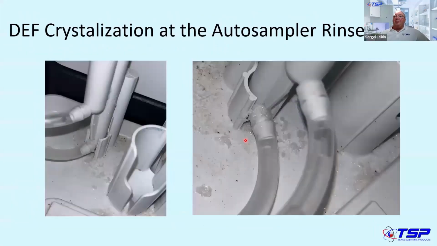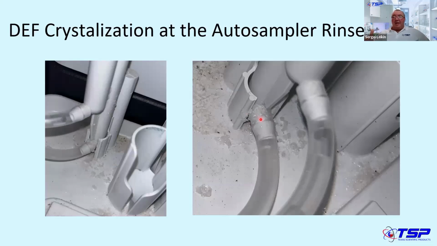Here is the example, you see these crystals here, and that's around the rinse station of the autosampler. So where did it come from? When your autosampler probe travels from sample to rinse and goes back to the sample, on the way to the rinse station there could be some drips, and these drops of the sample accumulated here, and this is what you see here. It crystallizes instantly, and you see that also around this area.